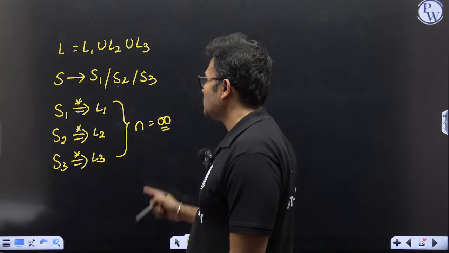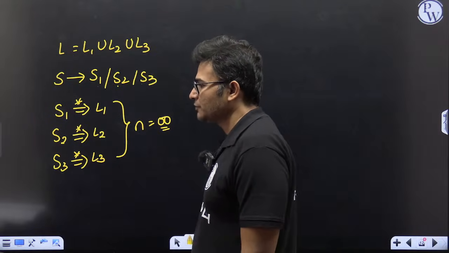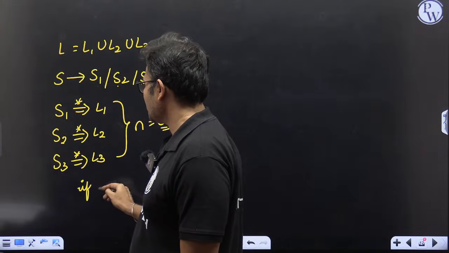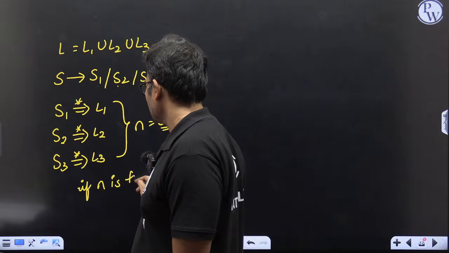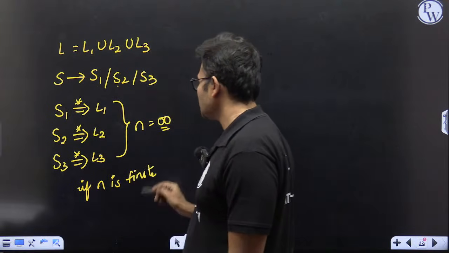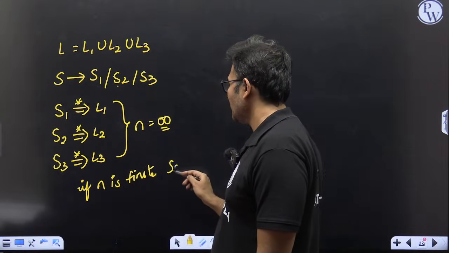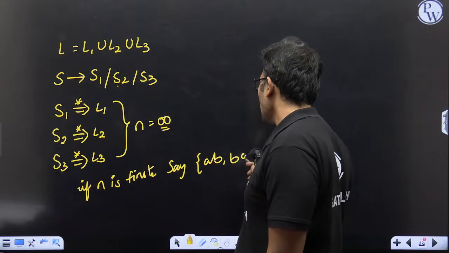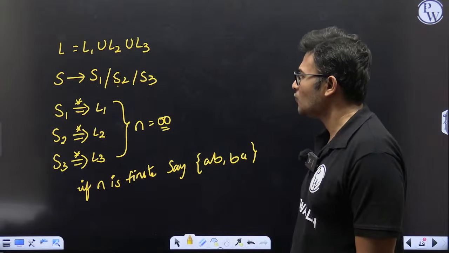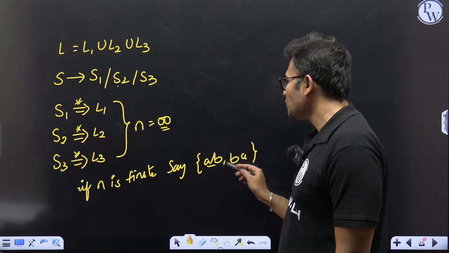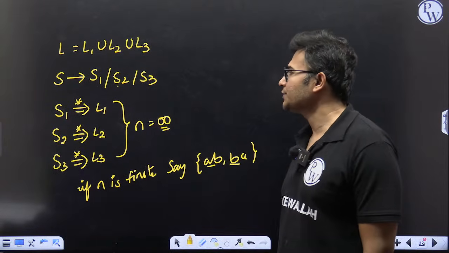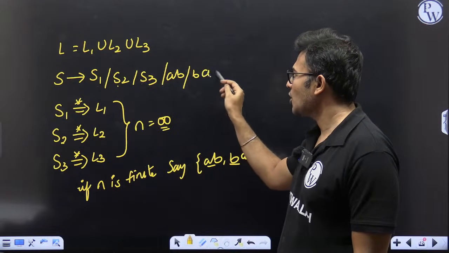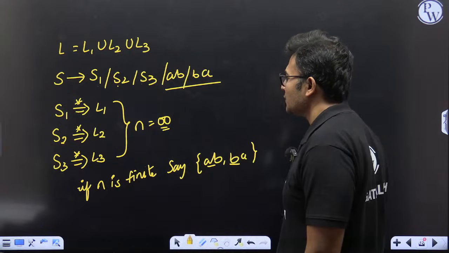If they are finite, then what happens? Let us say the intersection is AB, BA, some finite number of strings. Then I can remove AB, BA from S1, S2, S3 and place them in the S production.